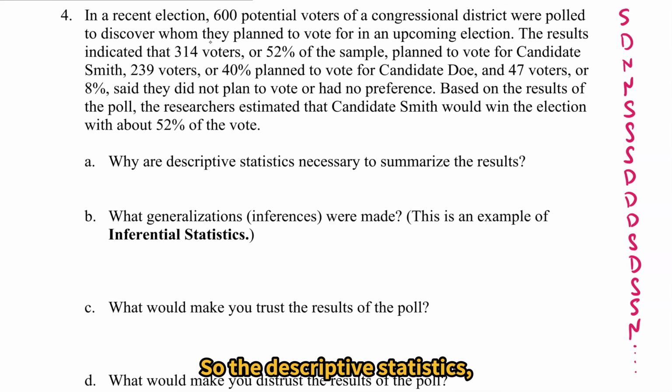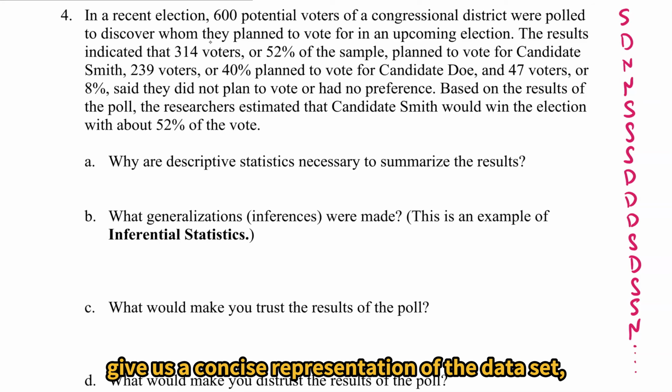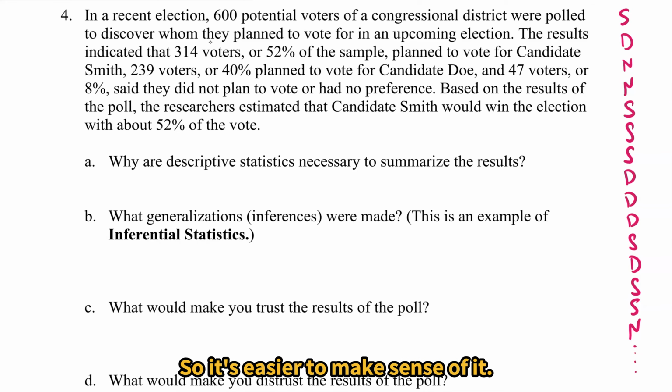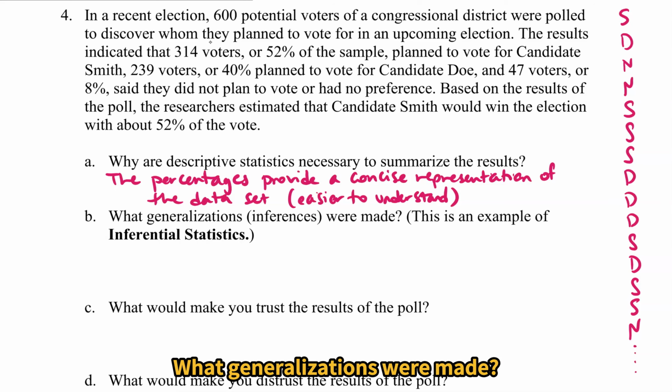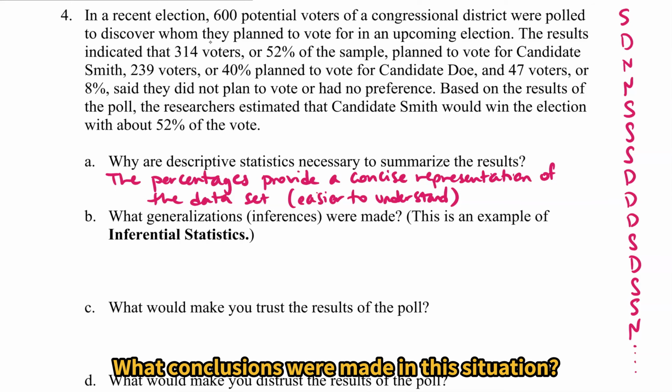So the descriptive statistics, the percentages give us a concise representation of the data set, so it's easier to make sense of it. It makes it a little easier to understand. What generalizations were made, or what inferences were made, what conclusions were made in this situation.